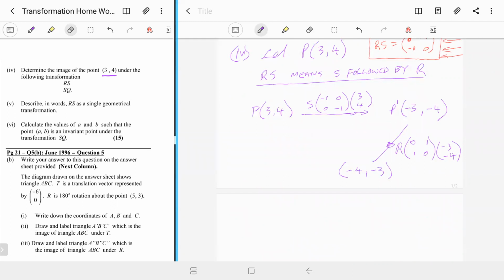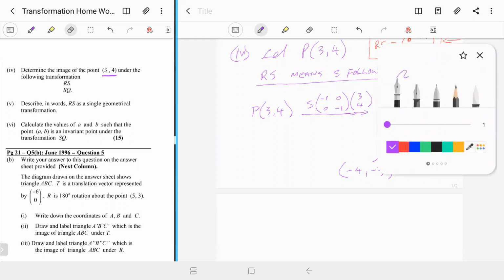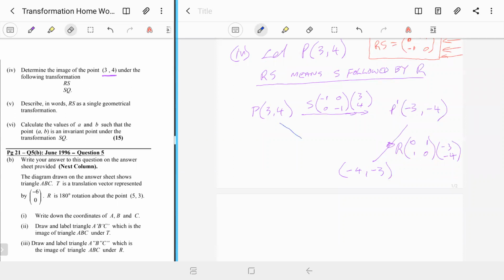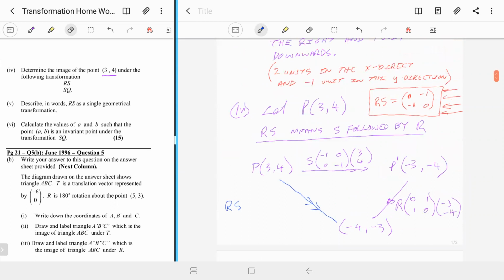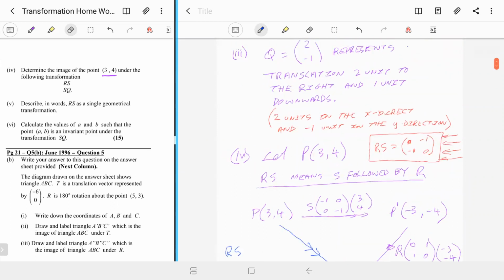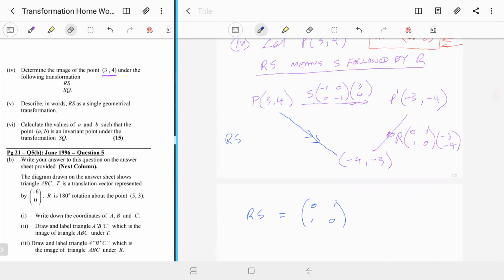Or let's say I wanted to do it in 1 step. Let's use a different color and do it in 1 step with the RS. But first, I have to calculate the RS. R is [0, 1; 1, 0], and S is [-1, 0; 0, -1].